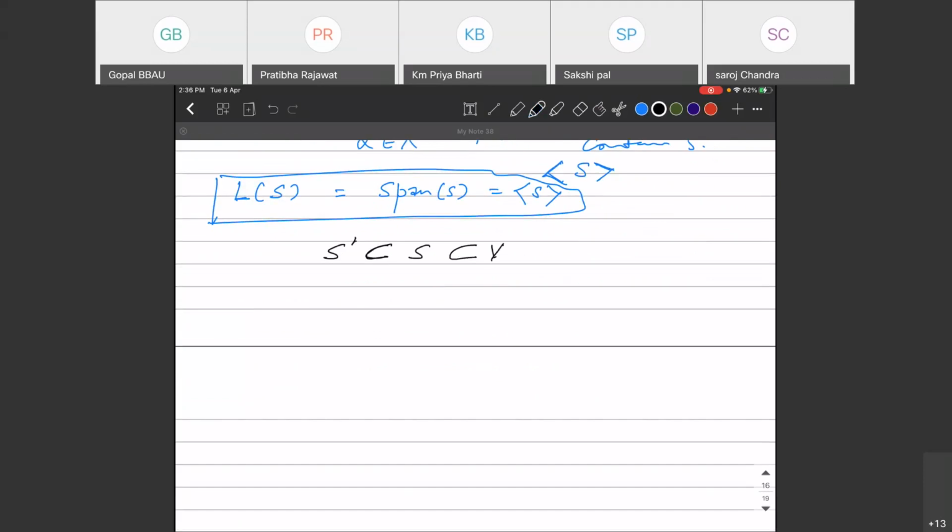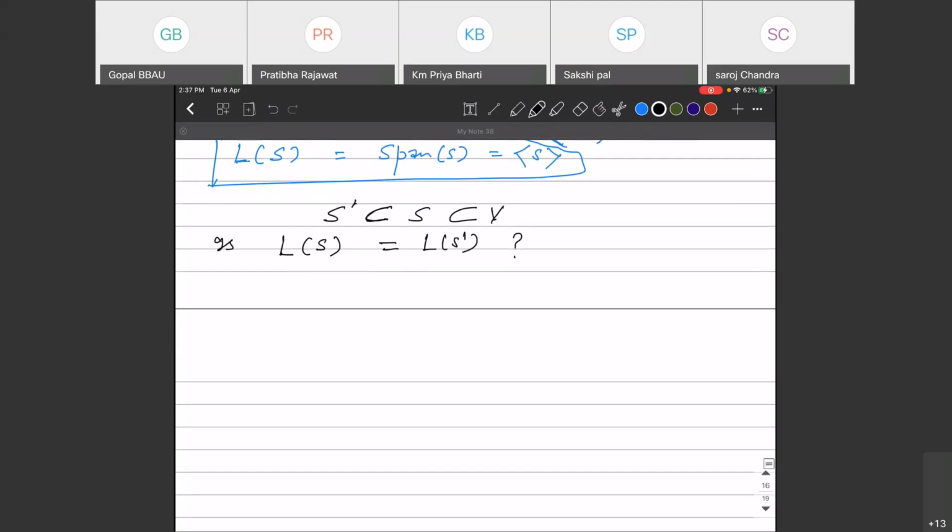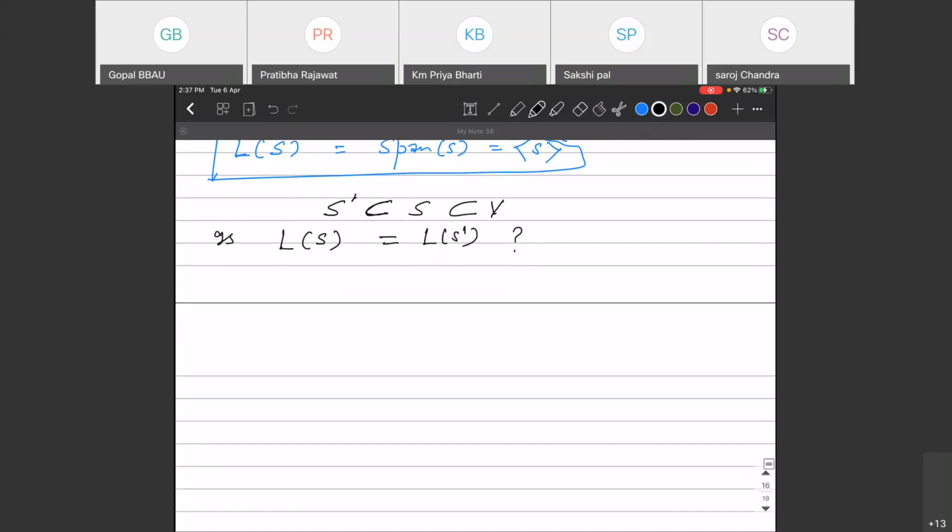Now the question is, what is the relation between L(S) and L(S dash)? Whether the two are the same or not? Is this true or not? So what is your guess? Hello?